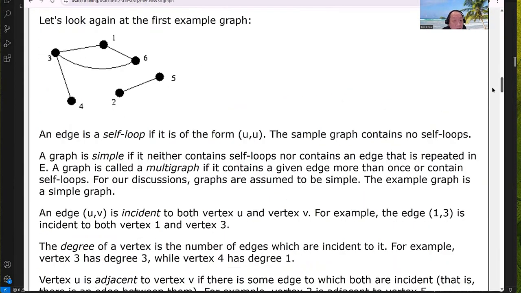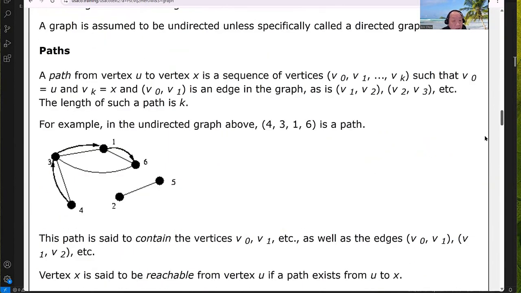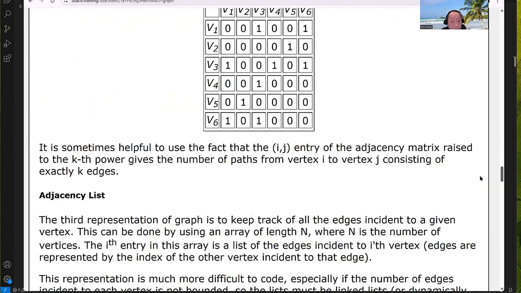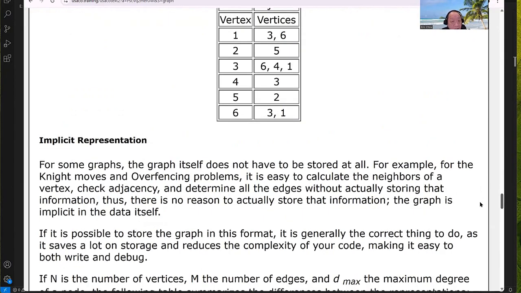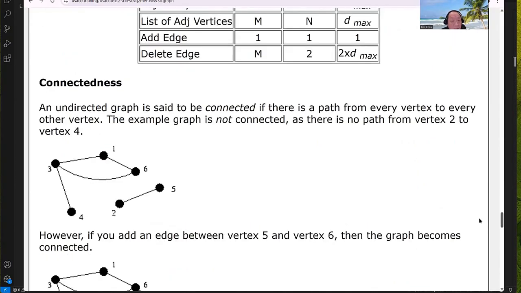If you look right here in the USACO gateway, they talk about connectedness. An undirected graph is said to be connected if there is a path from every vertex to every other vertex. If there are some breakpoints, then it's unconnected.